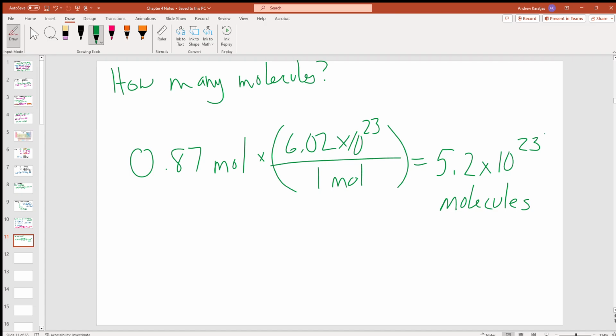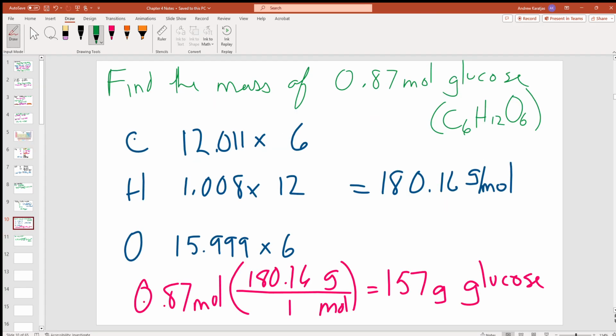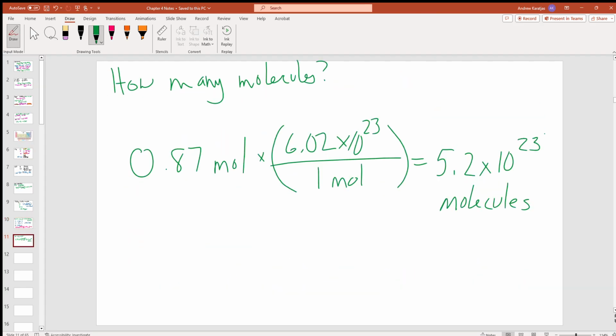And here again, we see why we use moles and not molecules, because talking about 0.87 of a mole, which, as we saw on our previous page, referred to about 157 grams, those numbers aren't too bad to work with.